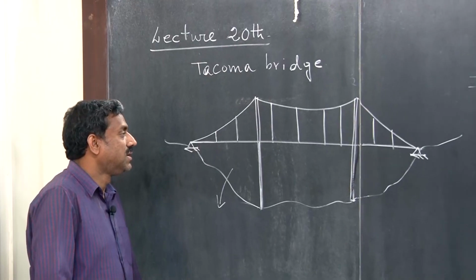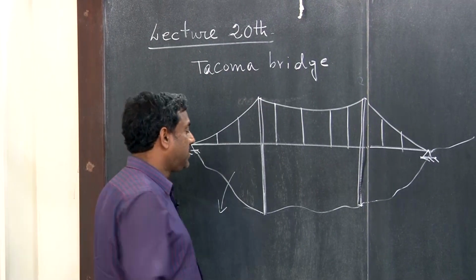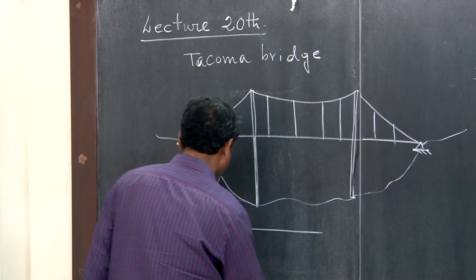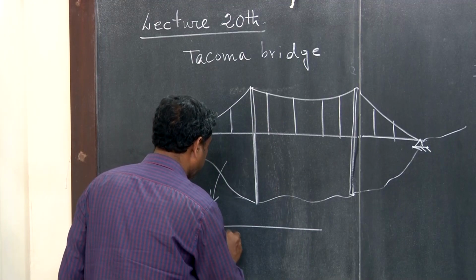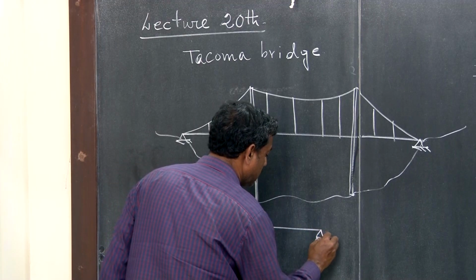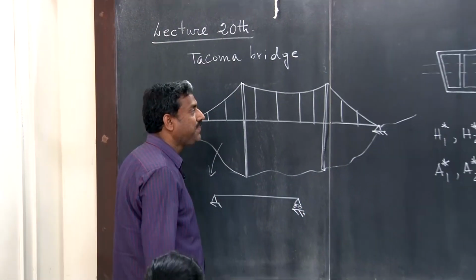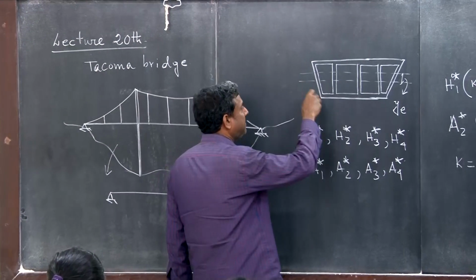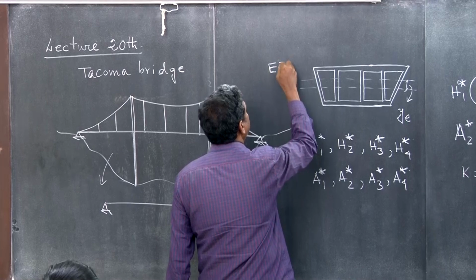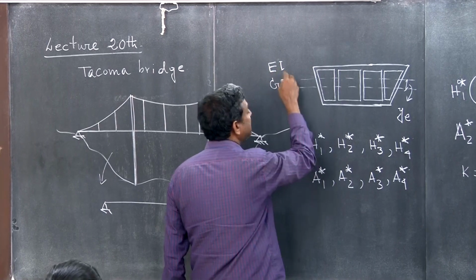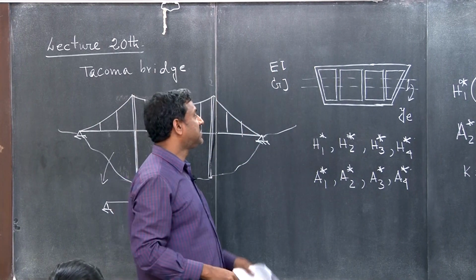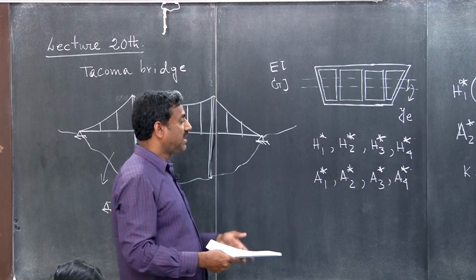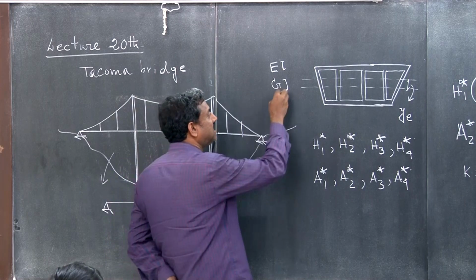With this simple model, the bridge structure was taken as a simply supported beam, and the respective properties of the section were obtained, EI and GJ. EI is the flexural rigidity, and GJ is the torsion rigidity.